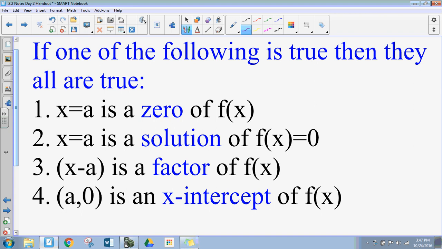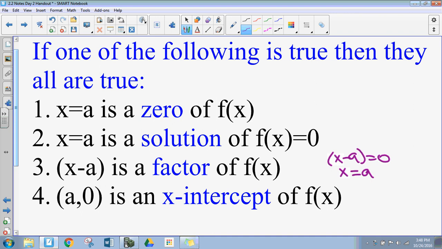So that means when you have an x-intercept, so like number 4 says it's an x-intercept. And then number 3 is saying that x minus a would be the factor of f of x that gives you that 0. So remember, x minus a equals 0 would be one of the factors, and then you would add the a, and you get x equals a.